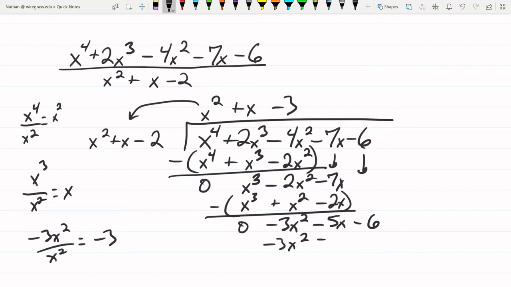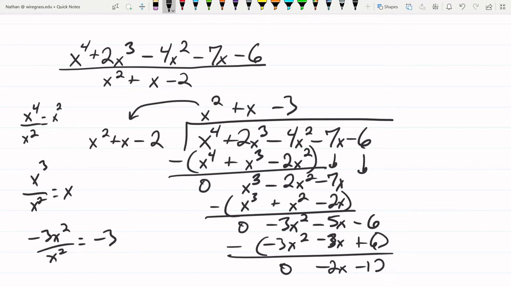Negative 3 times x, negative 3x. And negative 3 times negative 2 is positive 6. Subtract. Gives us 0. Negative 5x plus 3x is going to be negative 2x. And then negative 6 minus 6 is negative 12. There's nothing else to bring down, so we can stop there.